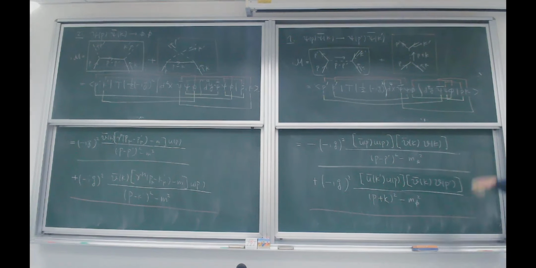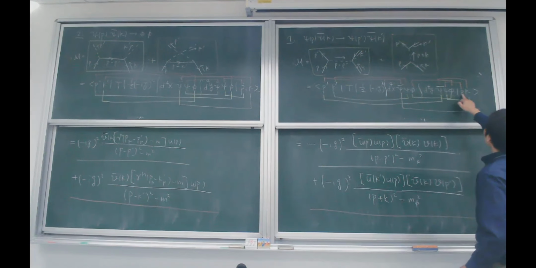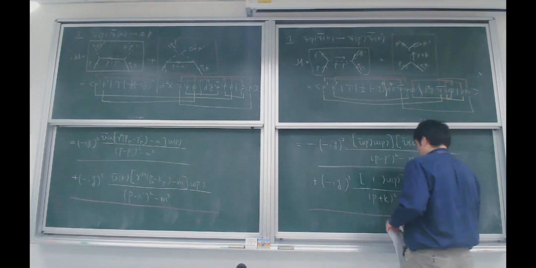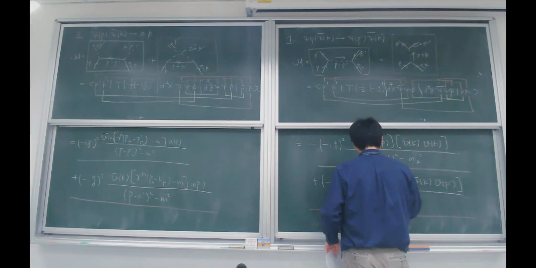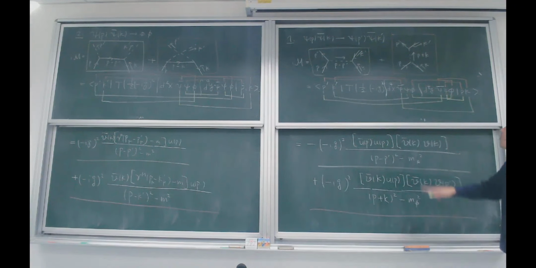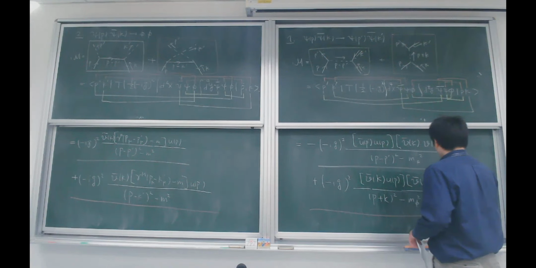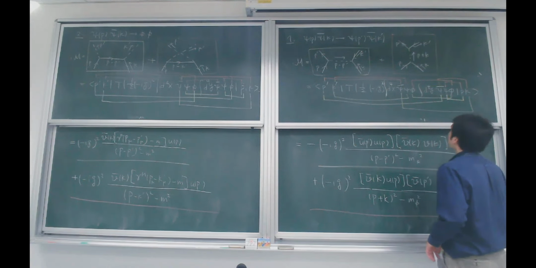And from here, you have U P and B bar K. Sorry, U P and B bar K. And from here, B bar P prime and U K prime.